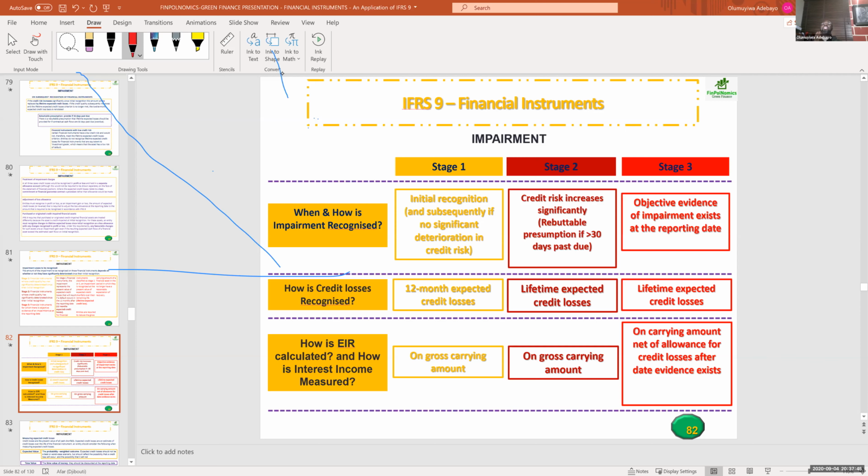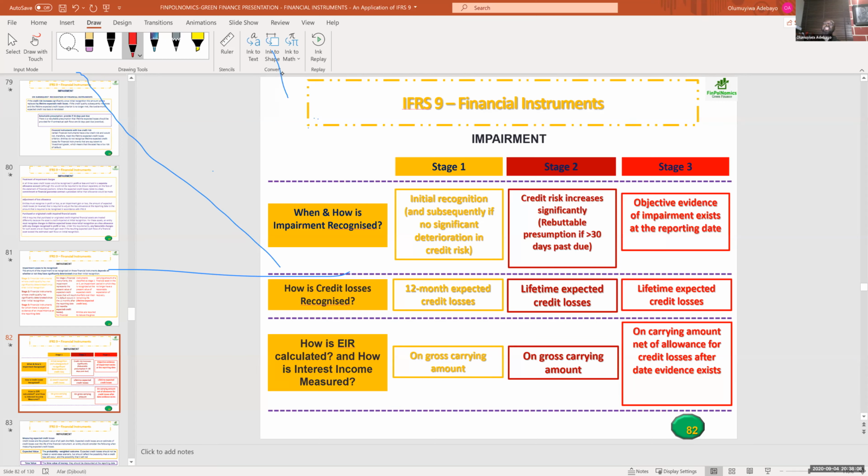And some are extended beyond 90 days and they classify it as a loss event. But the second question is this: how is credit loss recognized? Now, the recognition of credit loss is dependent on the group or stage it belongs to.